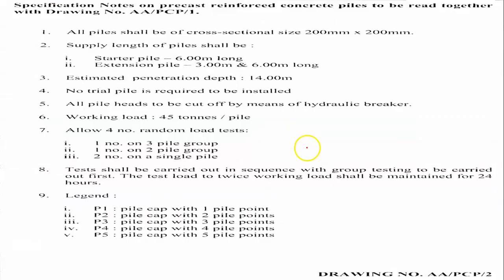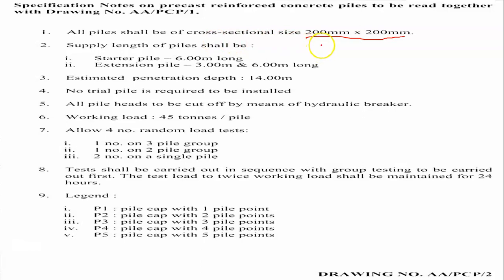Alright, then we can find these specification notes. These are important to us when we do the take off, or the quantity measurement. So please make sure we know the size. This one is what we call square shape piles.